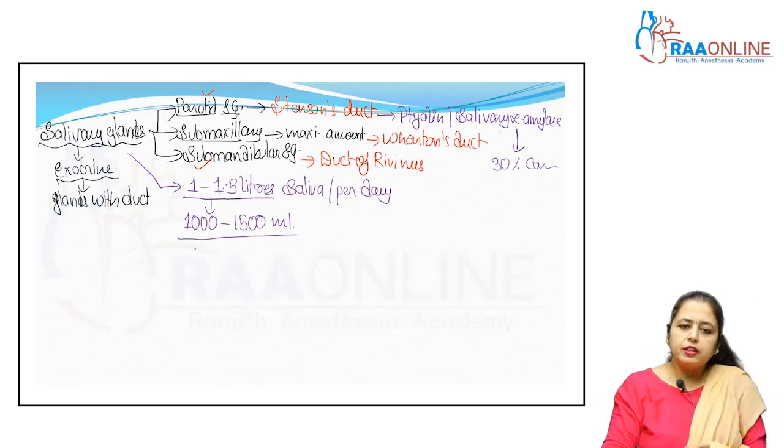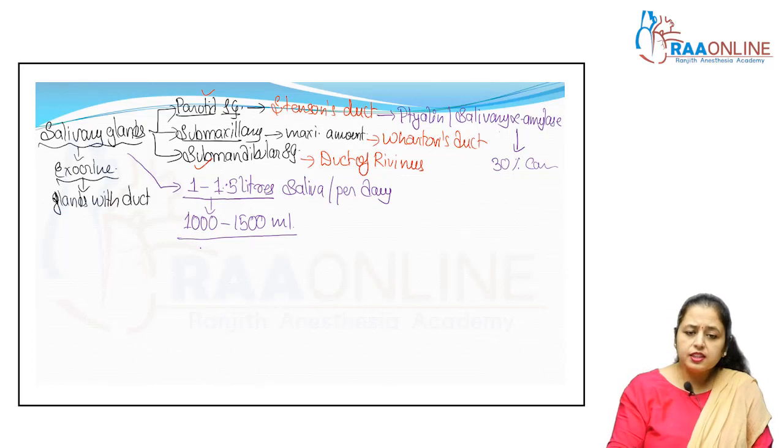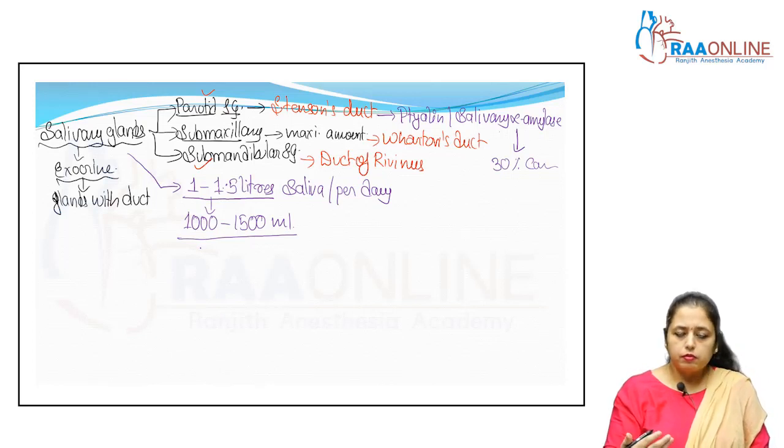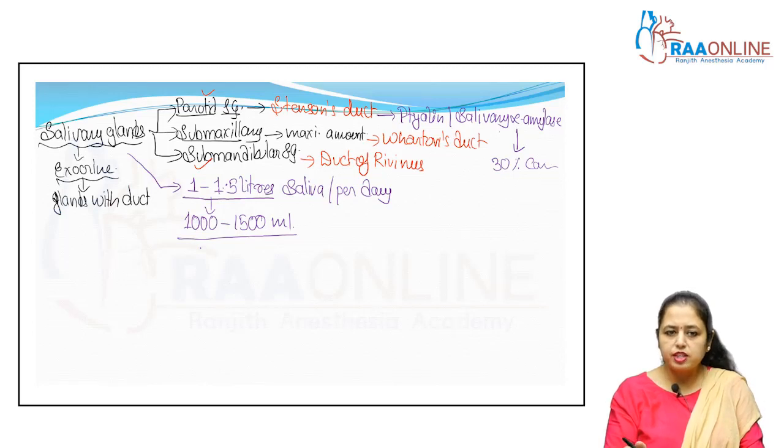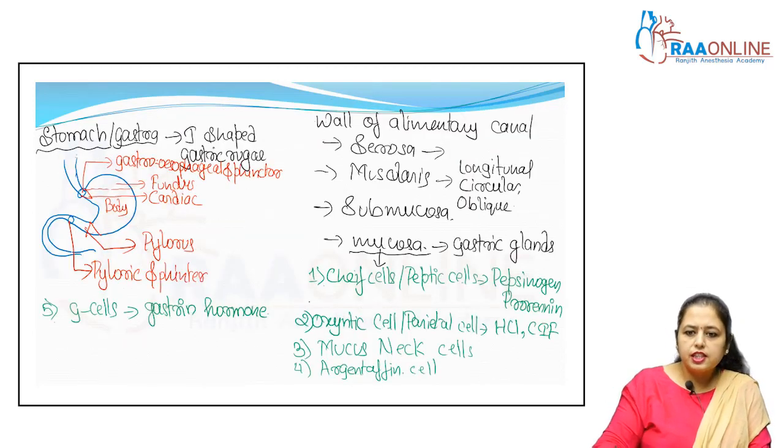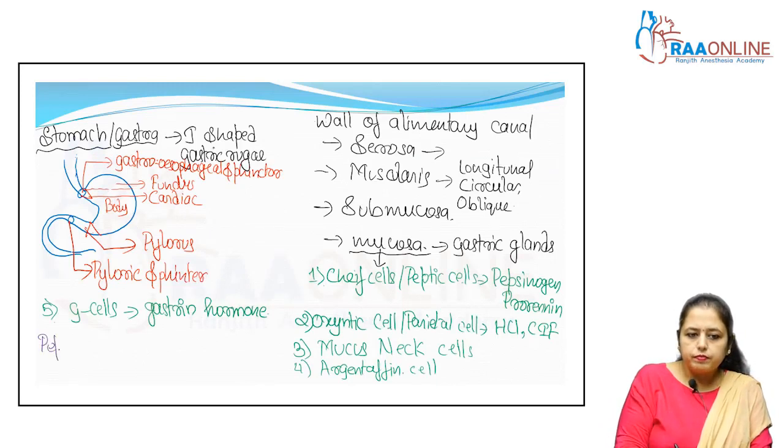After that, digestion occurs in the stomach, because in the esophagus there is no digestion. In the stomach, pepsin acts on protein at a pH of 1.8.